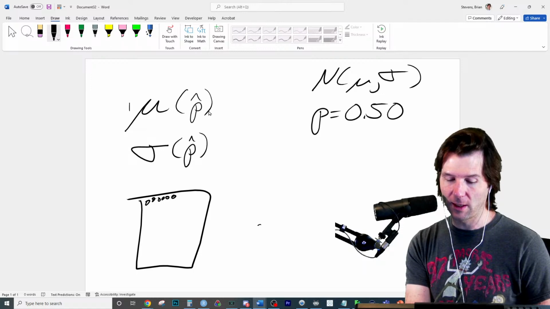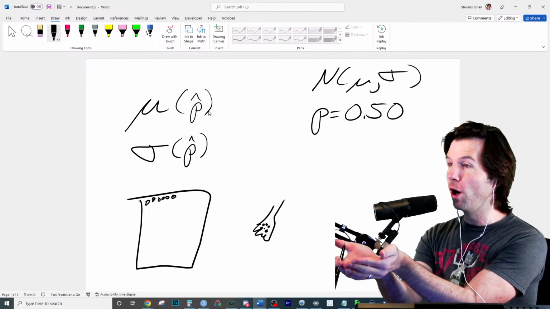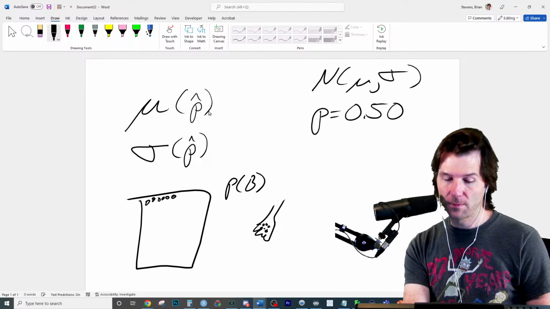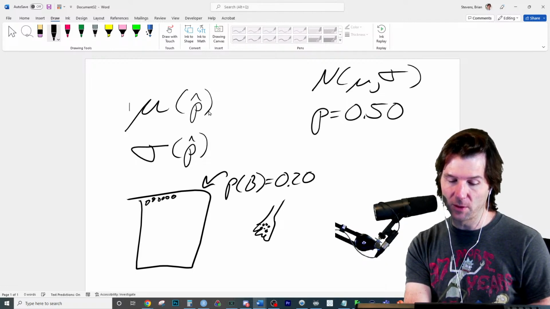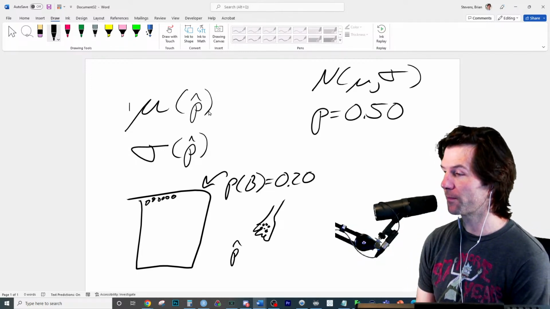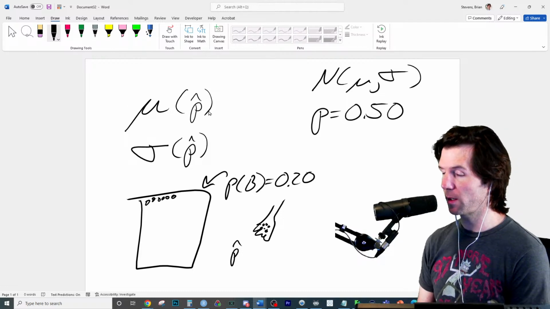And then you put out your hands and I pour you a big thing of M&Ms. You get like 80 M&Ms in your hands. And 20% of the M&Ms in this huge bag are blue. What percent of your sample would you expect to be blue?